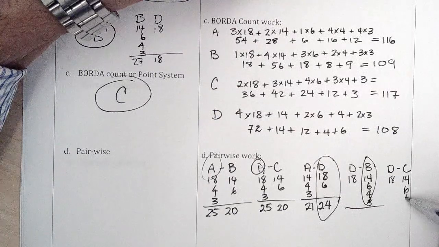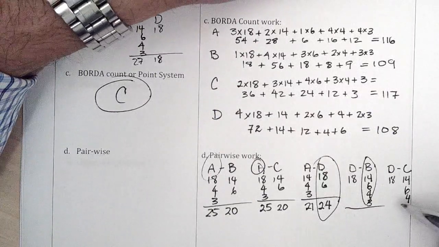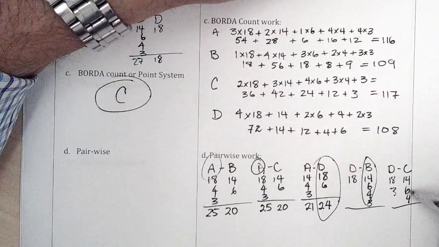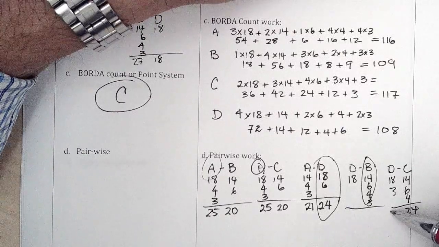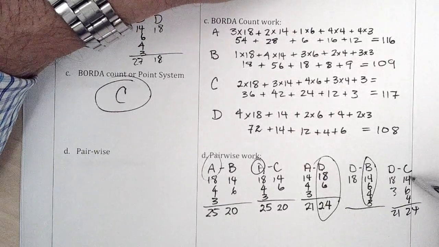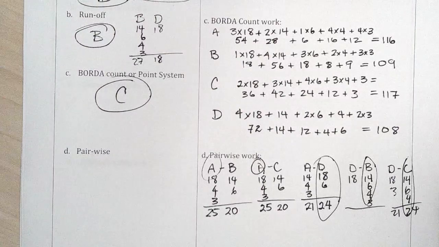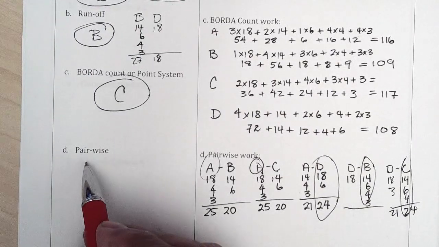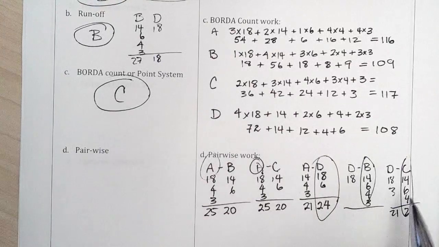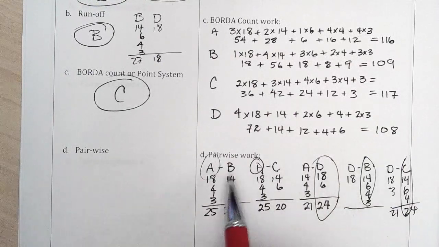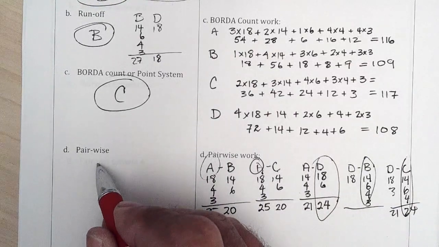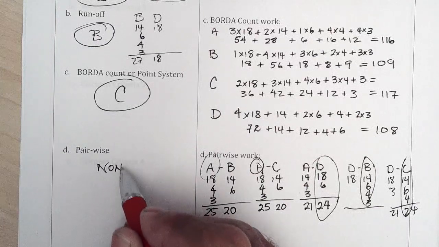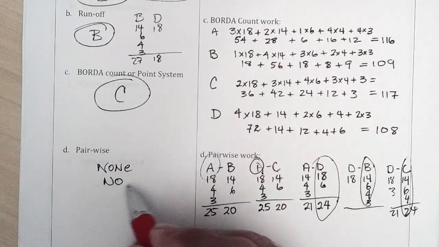C beats D, that's 4. And D beats C, 3. So that's 24 to 21. So C wins. But C loses here. So it looks like there's no clear pairwise winner. There's no winner that beats all the others, so none.